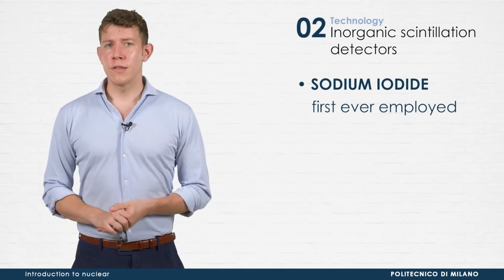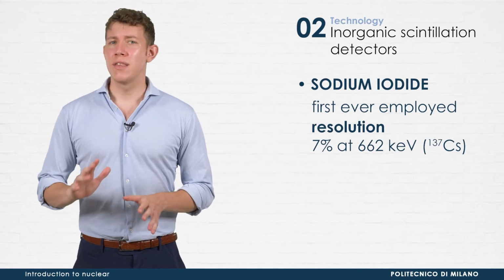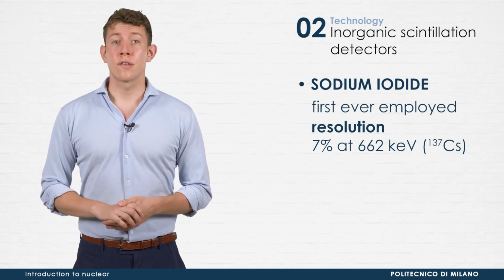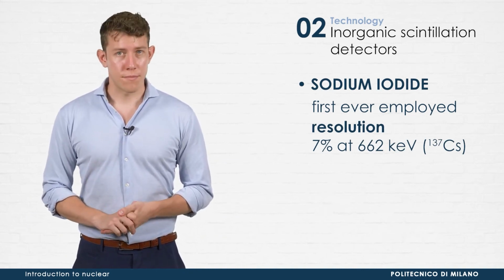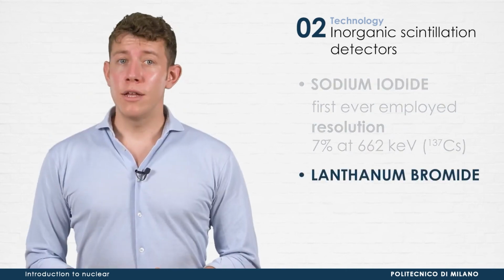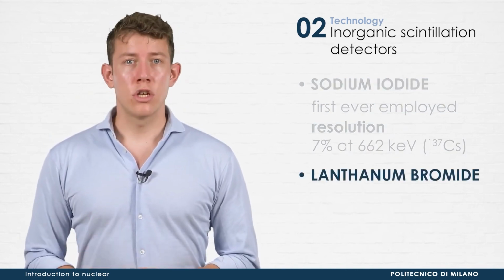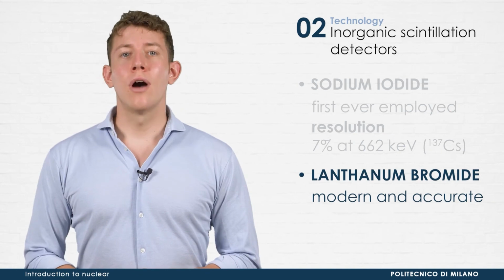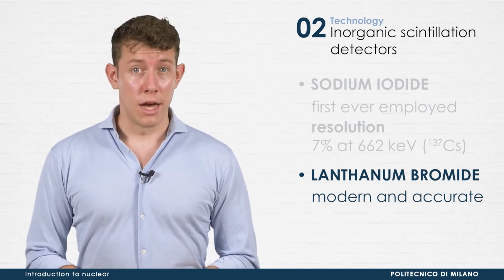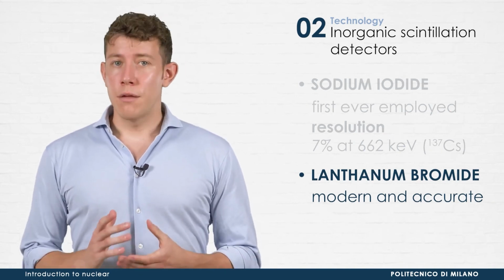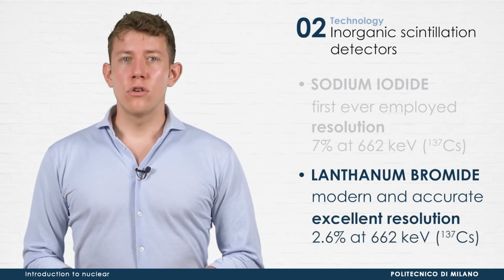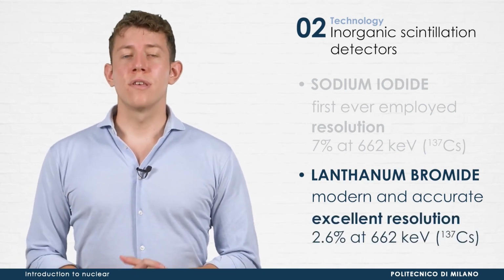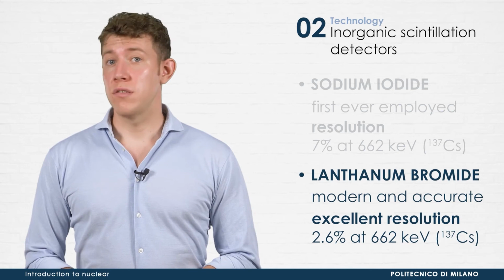It is characterized by an energy resolution of about 7% at 662 kilo-electron volts. Lanthanum bromide, with cerium activation, is a more modern and more accurate alternative to sodium iodide. It can provide an excellent resolution which goes at around 2.6% at 662 kilo-electron volts.